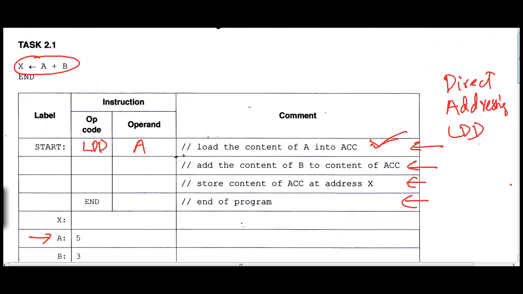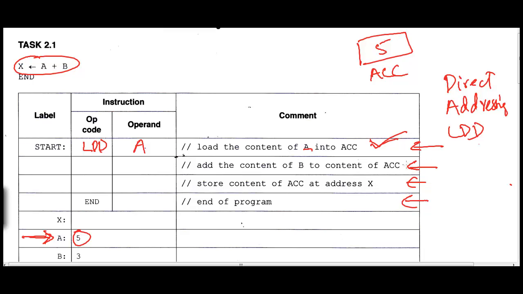So this is going to load the contents of A into the accumulator. Our accumulator at this point in time will have the value that was held at this address A, and that value is 5. So our accumulator will now hold this value 5.